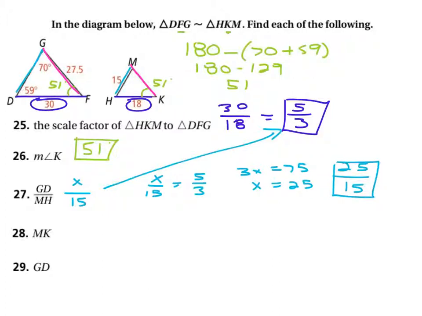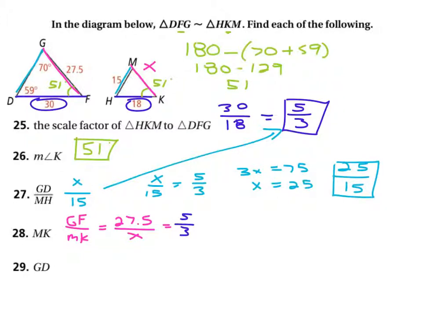So we can say GF over MK equals 27.5 over, and I'm going to put a little x here. We're looking for 27.5 over x, and we know that that is equal to the scale factor for the whole thing of 5/3.